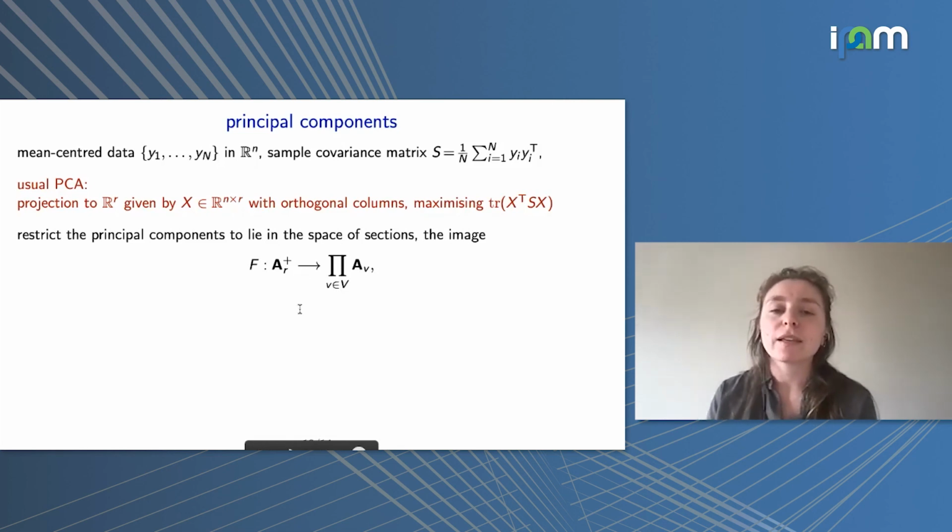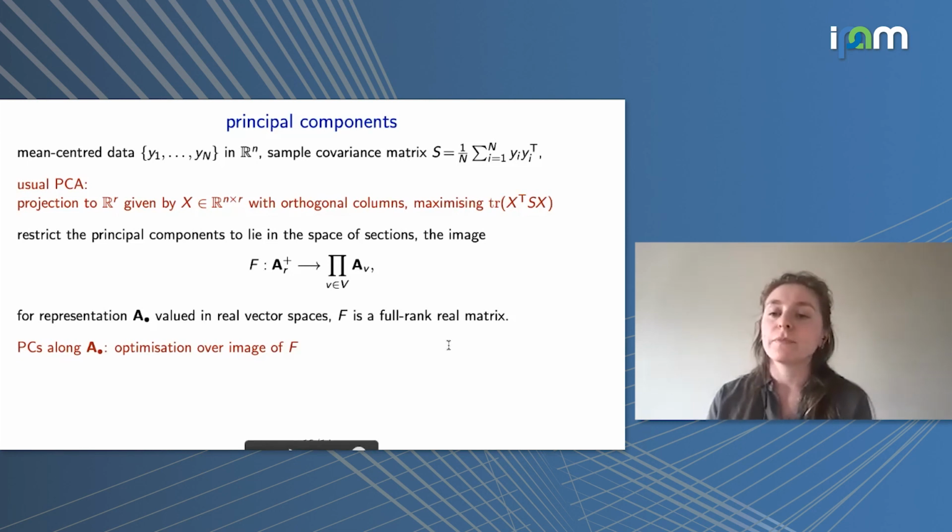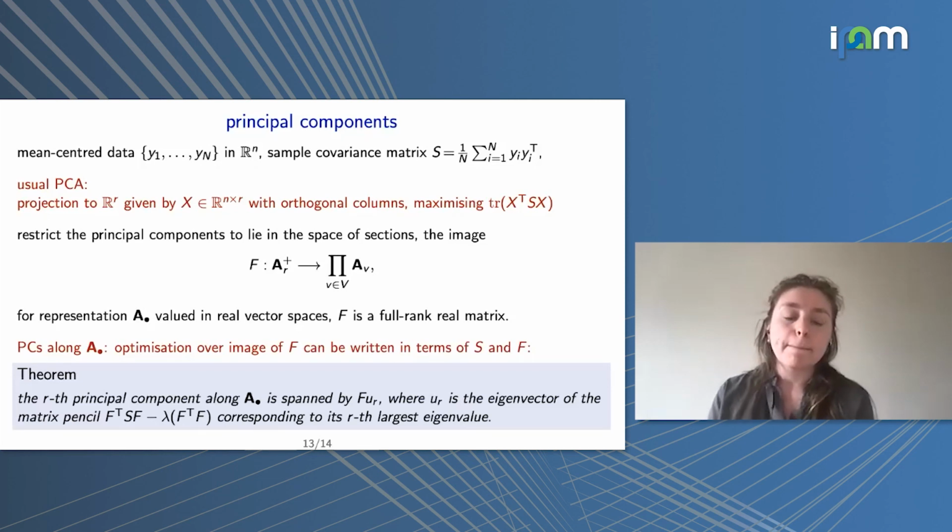And since everything here is a real vector space, it's given by some real matrix F. Okay, so F is a full rank real matrix. And to find principal components along the quiver representation, we want to do some optimization that's not over the whole space, but rather that's over the image of this map F that parameterizes the space of sections. And yeah, I'll conclude with a theorem that describes these principal components.